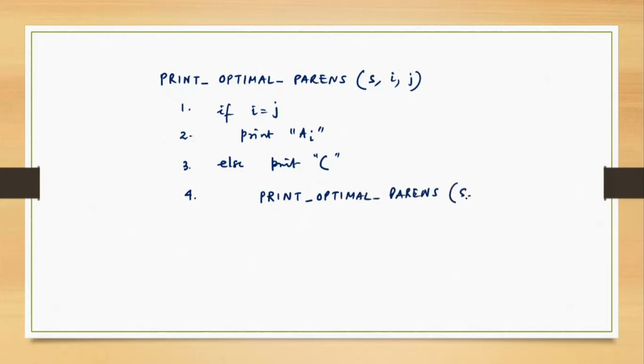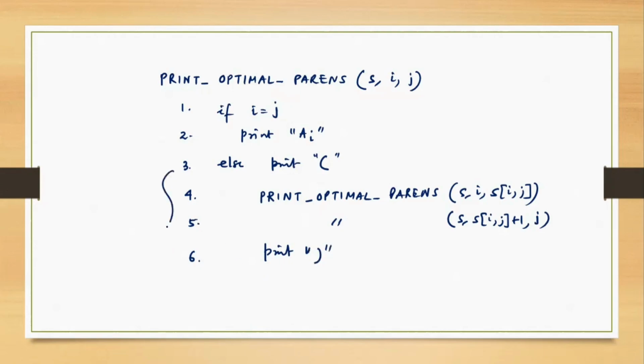For the first one, you call with i and s of ij. The next call is very simple: call the same thing with s of ij plus 1, it is not j plus 1, s of ij plus 1, j. Then finally, as you have opened it, you have the responsibility to close it. So the last print statement is the closing parenthesis.